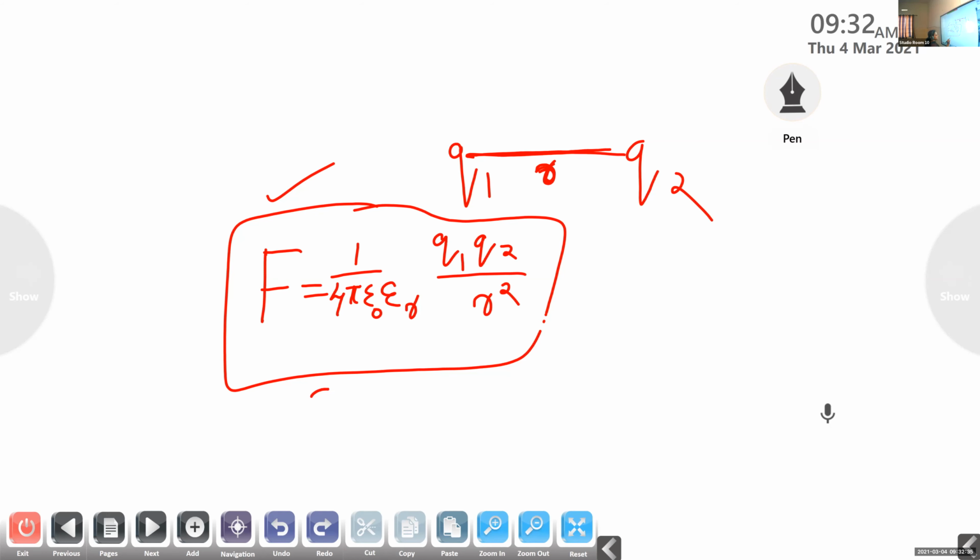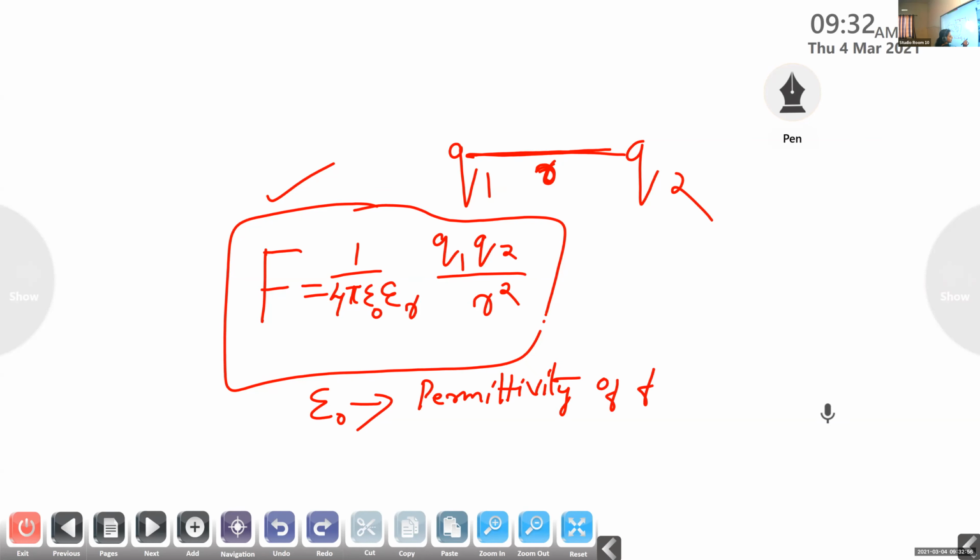What is epsilon 0? This term we discussed in the last class. Anthony, what is epsilon 0? Yes, epsilon 0 is the permittivity of free space.